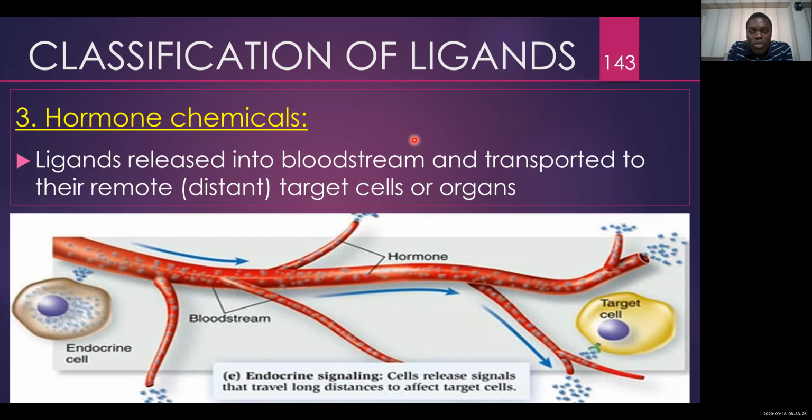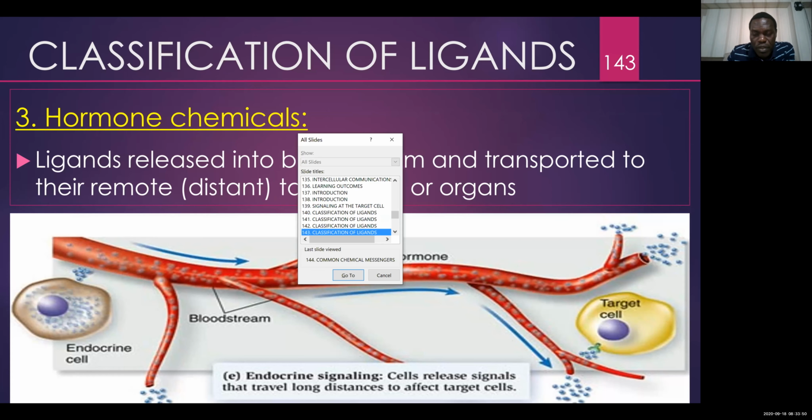And I remember there was also another one called autocrine. You call it autocrine if the cell that has released the signal, the cell that has released the chemical, is also the target cell. That becomes autocrine. So don't confuse autocrine with paracrine.